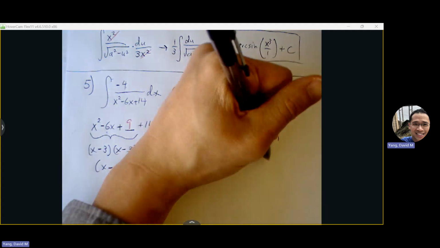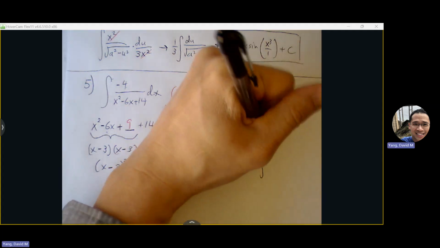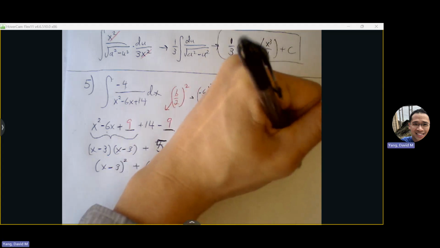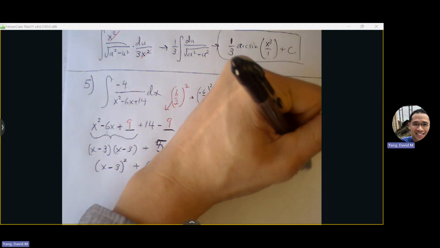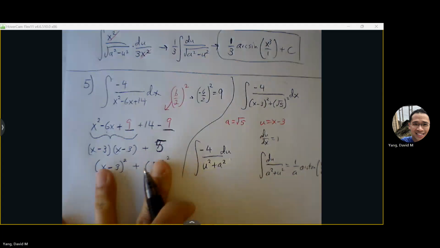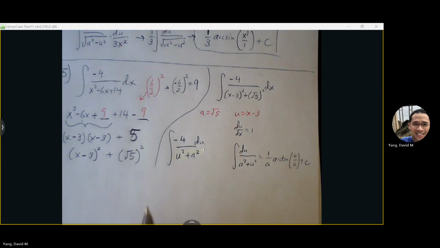Okay, so the rule for arctangents, I'll write that out here. We also need to commit this to memory, which is 1 over A arctangent U over A plus C. So the -4 has to stay in our answer.